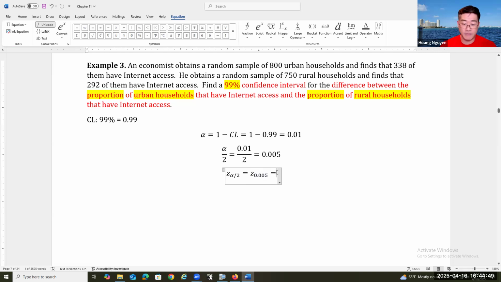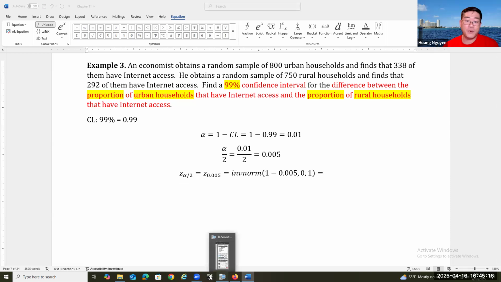So we're going to use the inverse norm, invNorm. When you're using the inverse norm, you have to enter the area to the left, and this alpha over 2 is the area to the right. So if you want the area to the left, you have to do 1 minus that area to the right. And this is the standard normal distribution, with mean of 0 and standard deviation equal to 1.